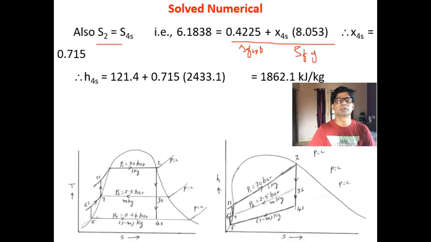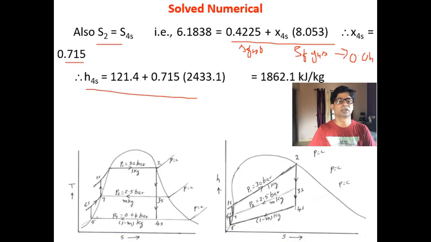The previous slide also has the same thing, I didn't write the S suffix. Using this, now this is at 0.04 bar pressure, so important. That is where you have to be extremely careful, noting the values of SF, SFG, HF, HFG. So you'll get X4s as 0.715, right?